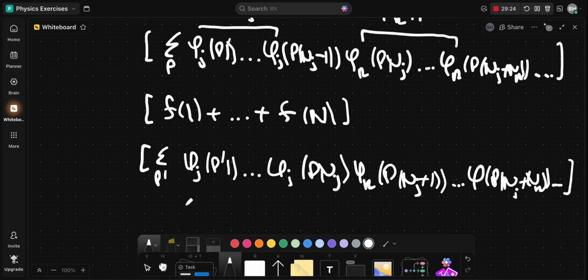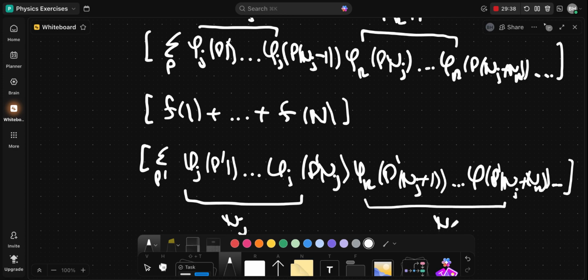Sorry, these P's should be prime because they are the sum over P prime. These are permutations of coordinates, and here I now have n_j, and here I actually have n_k.